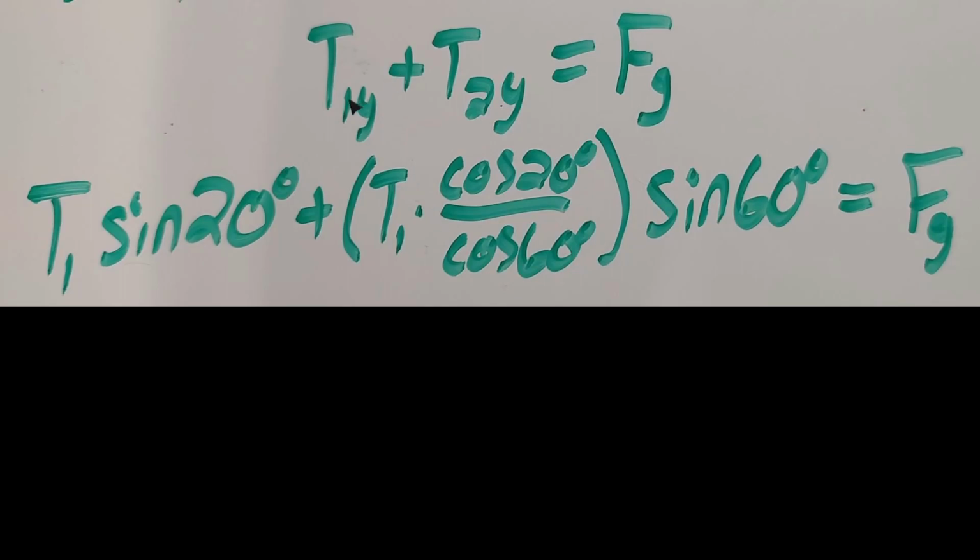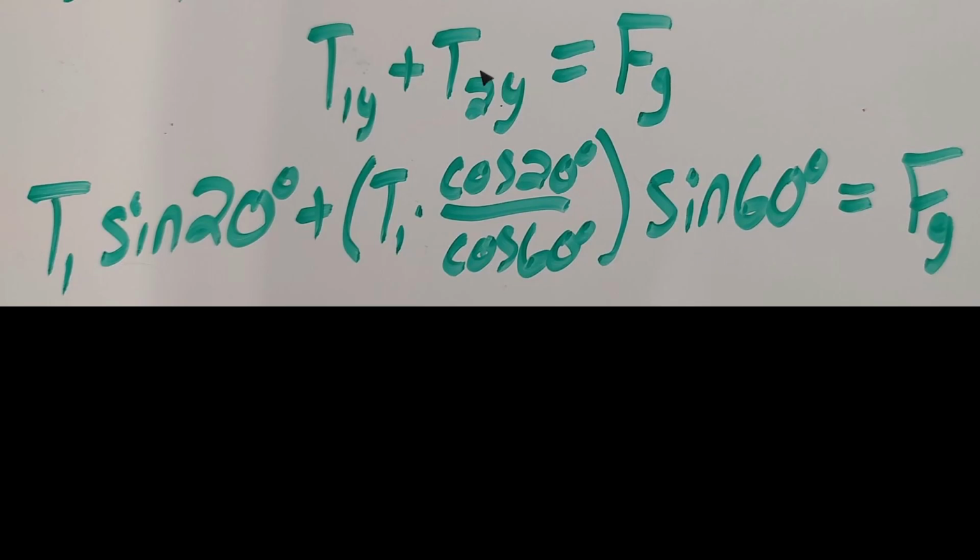So we start with the sum equals Fg, and then some substitution. Don't freak out for a second, just bear with me here. We have T1y equals T1 times sine 20, and that was the second step we did. And then T2y is T2 times sine of 60.